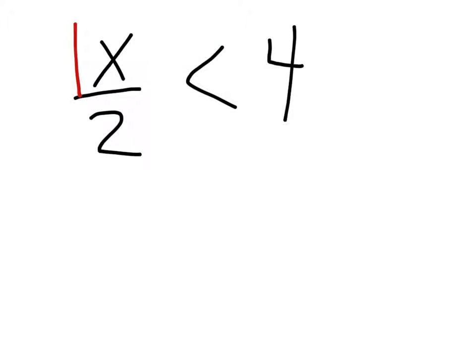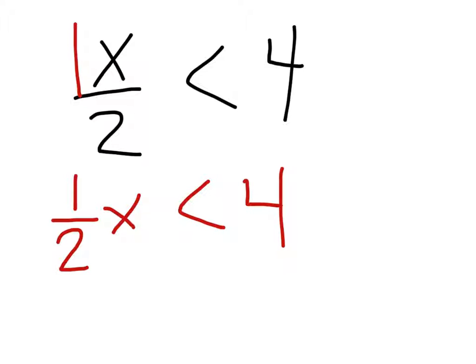Bam! Right, Sierra? The phantom 1. What is the coefficient? It's 1/2, right? The reason is because the phantom 1 is there, and we could essentially rewrite this as 1/2 times x is less than 4. Well, now it's easier to see that the coefficient is 1/2.